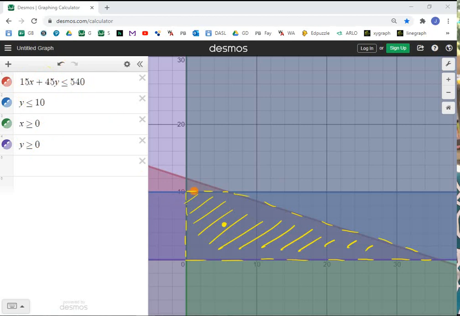Every point there, there, there, and there will also meet the same criteria. This one we know to be 0, 0. This one here is going to be 0, 10. Okay, this one over here, I just want to double check.